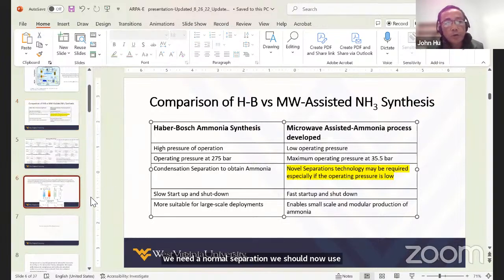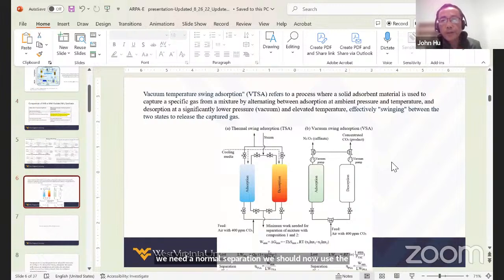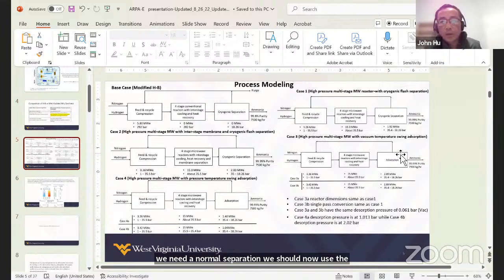Okay, so first, let's talk about it. This is basically the process simulation, the process model, with different cases. I'm going to go through them one by one.